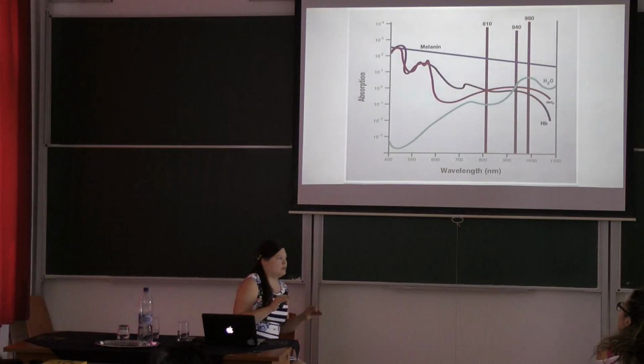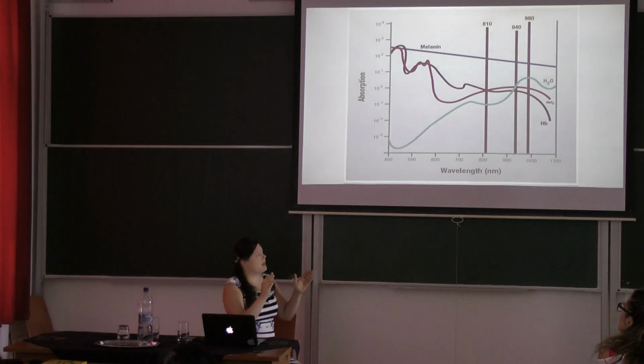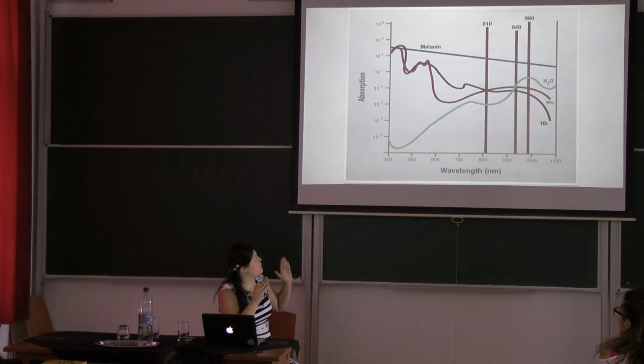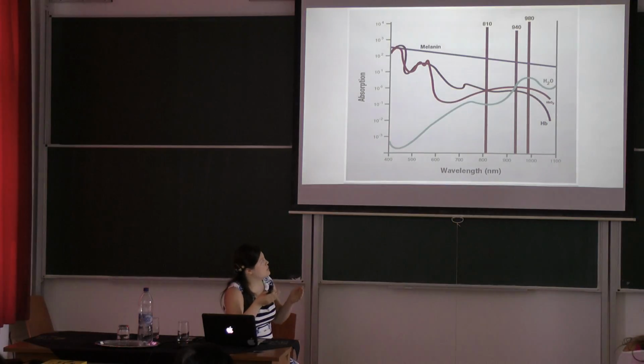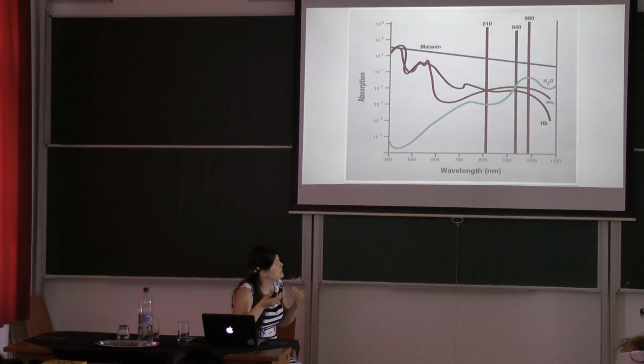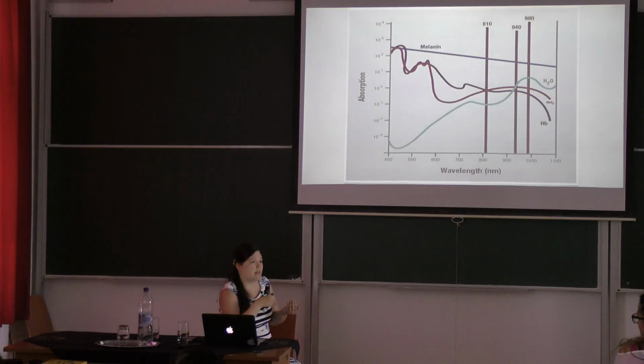So let's see first. I will not talk about those diode lasers which have lower wavelengths, the 600 and so on, because they do not have efficiency in cutting. So I will only talk about those diode lasers which are really used in dentistry and also have the possibility to cut and not only biostimulate like the ones with lower wavelengths.